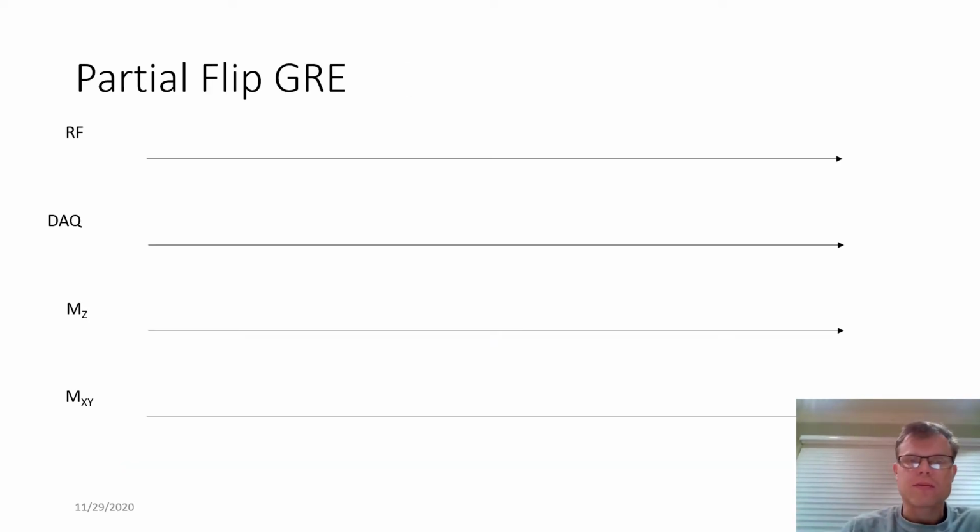Now, what the partial flip gradient echo refers to is simply the same set of repeated pulses, but now we're going to use this notation alpha to refer to an arbitrary flip angle. Do some data acquisition here, draw on a couple of these.